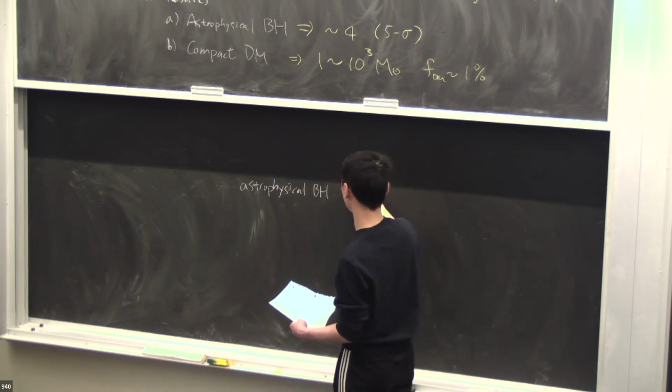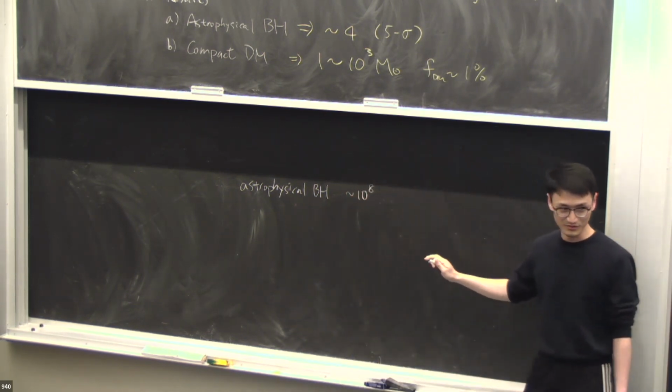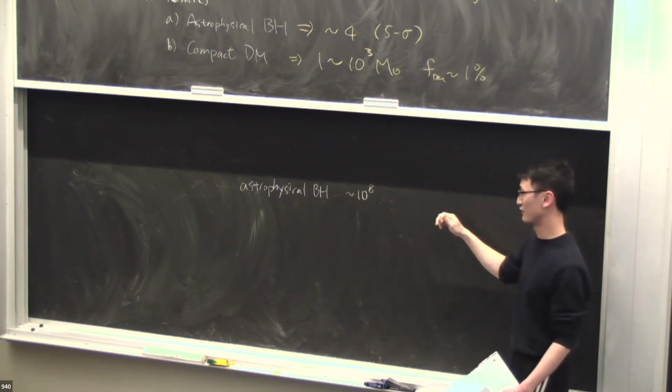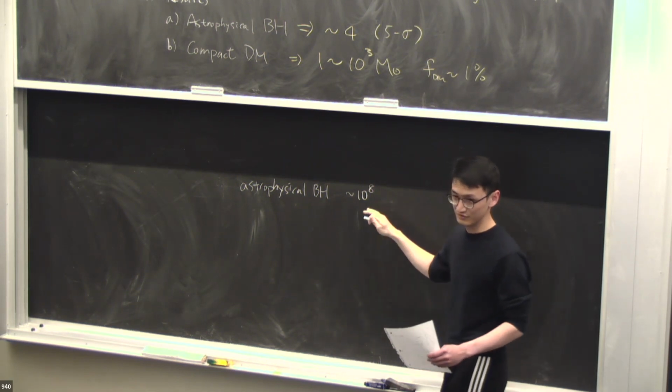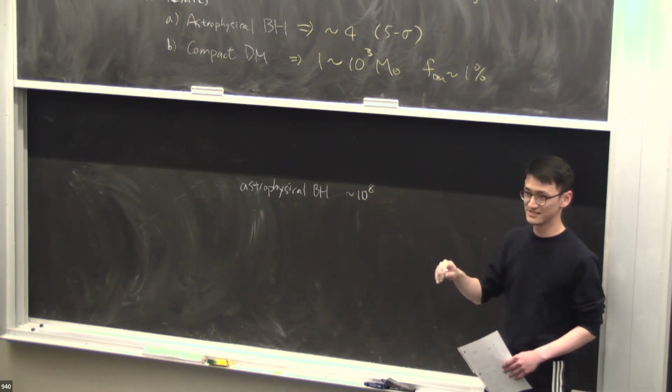Usually people assume on the order of 10 to the 8 black holes floating around in the galaxy, right? And of all the black holes that we found in the galaxy, only 1 is not luminous.